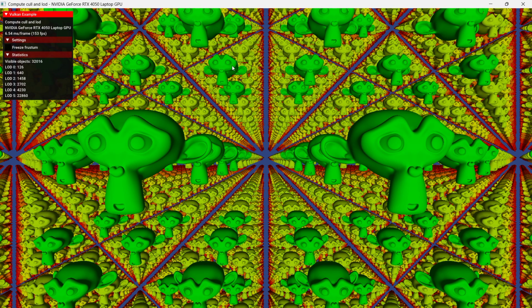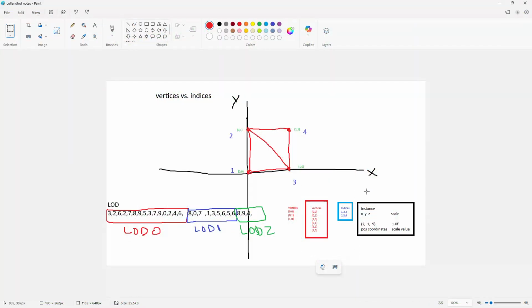Like, what if I just wanted one single row of instances, right? You wouldn't know because you don't have the instance data. Okay, so yeah, guys, it's a very nuanced thing, and you really have to understand what's going on in the background.